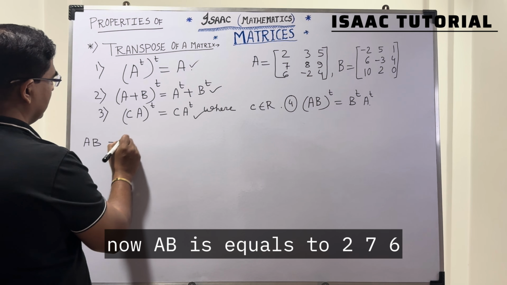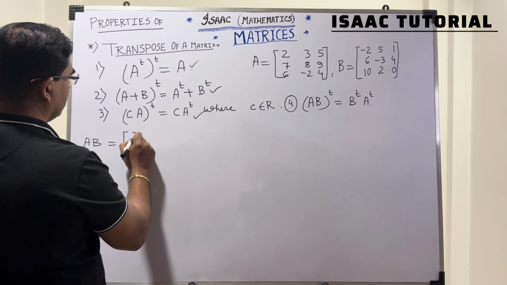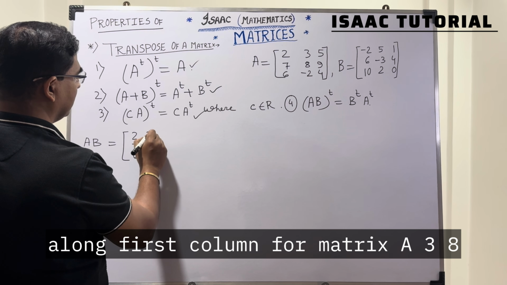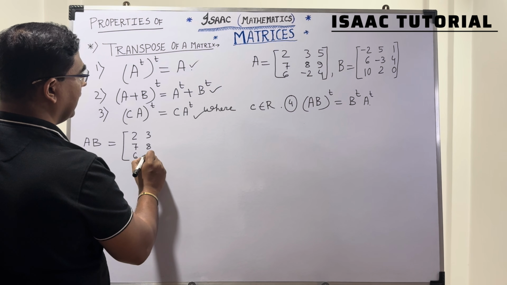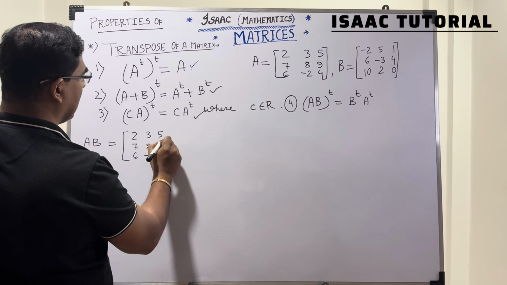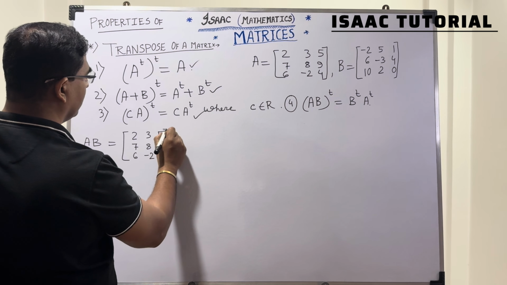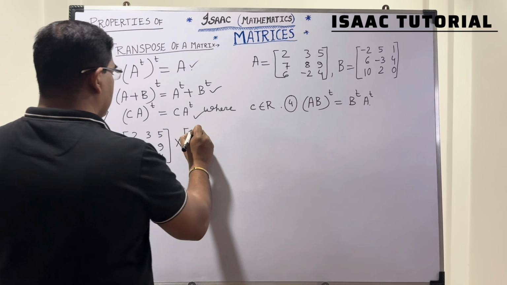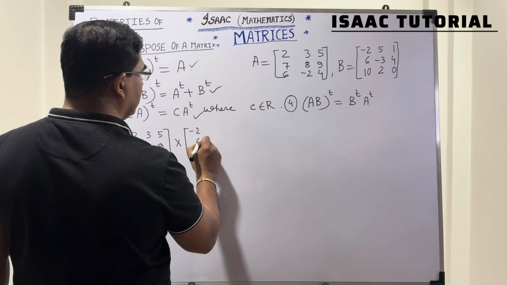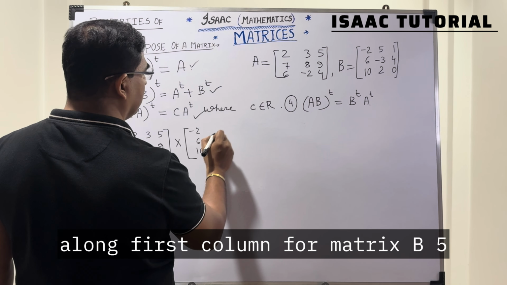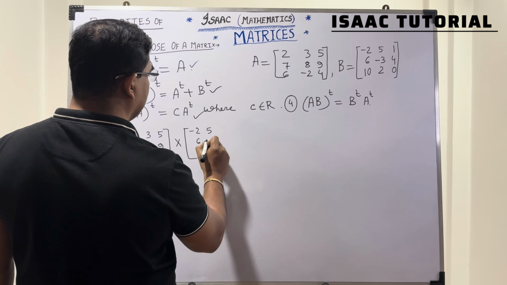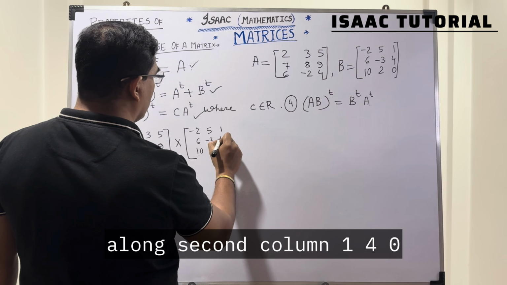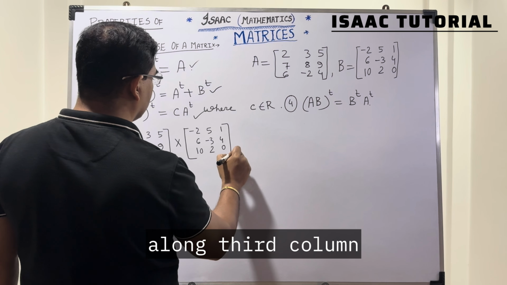Now AB is equals to 2, 7, 6 along first column for matrix A, 3, 8, minus 2, 5, 9, 4 into minus 2, 6, 10 along first column for matrix B, 5, minus 3, 2 along second column, 1, 4, 0 along third column.